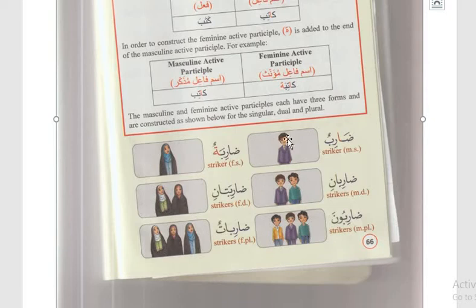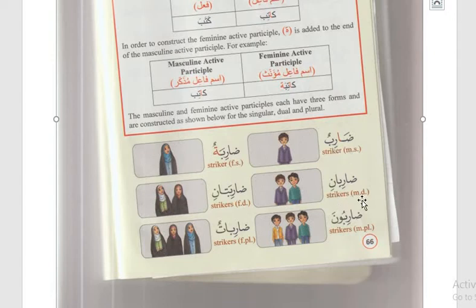We have masculine singular, or masculine dual, or the masculine could be a group of boys, for example, so masculine plural. Let's talk first about the masculine. If the striker is masculine singular, it becomes daribun.